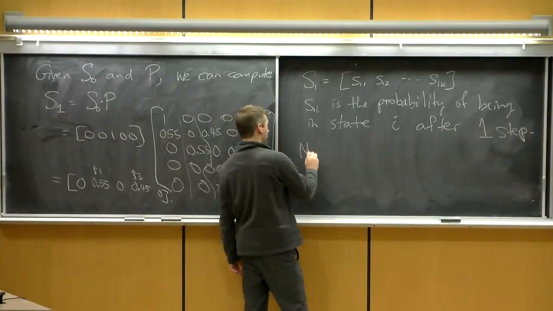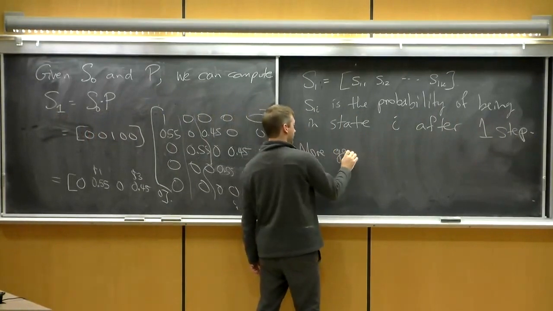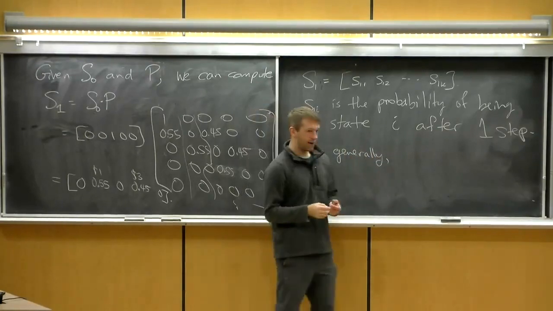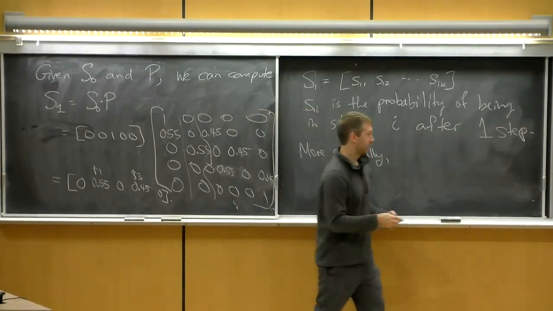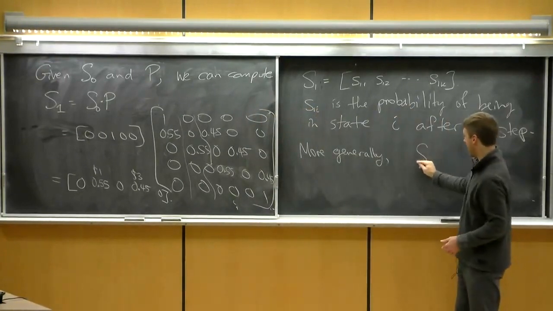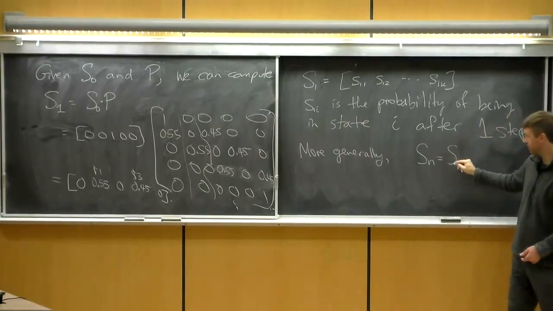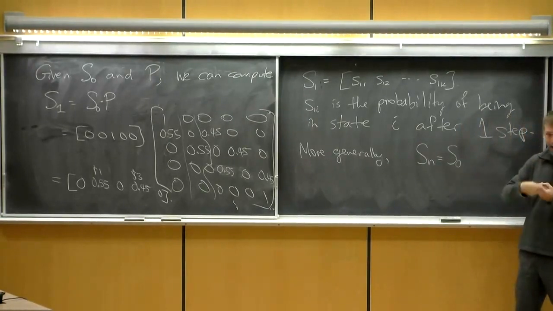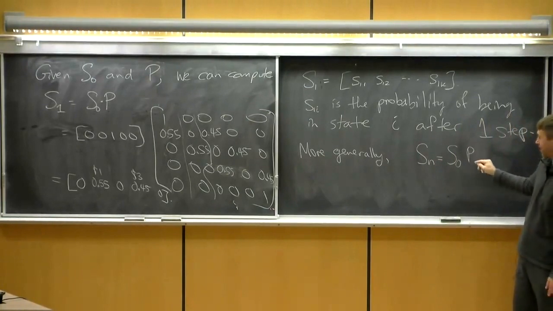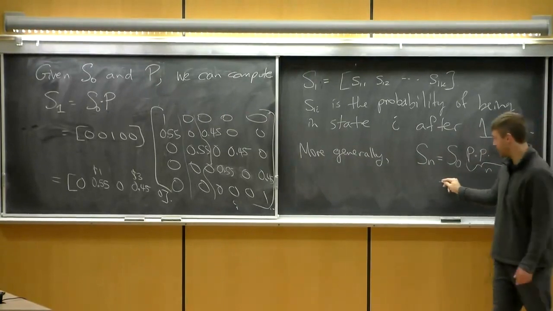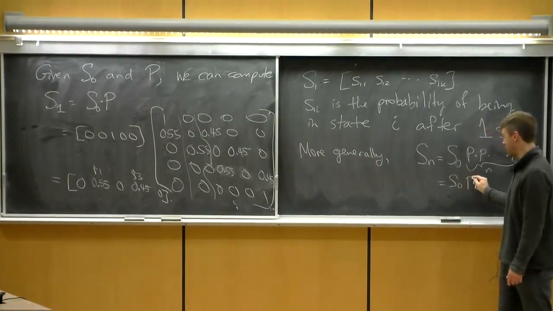More generally, if I keep doing this process, if I start with my initial state S0 and do n transitions, which is like multiplying by P n times, we can write this as S0 times P to the power n.